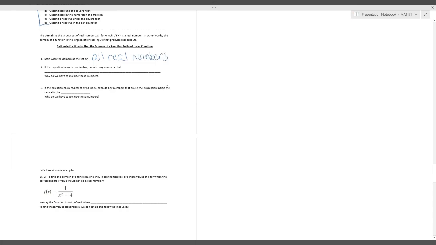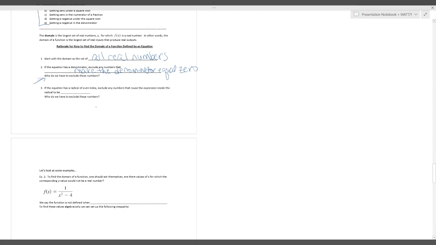Then if the equation has a denominator, we exclude any numbers that make the denominator equal 0. So take a moment. Why?